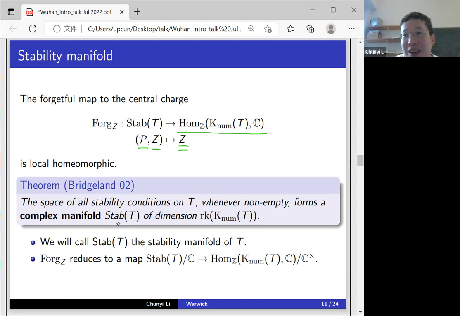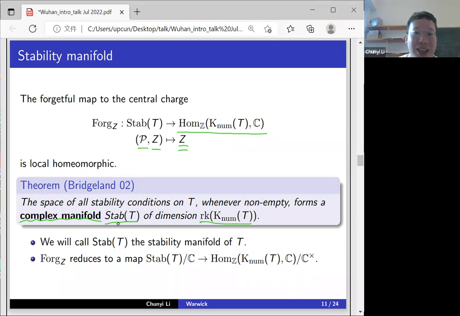So in other words, for any point in this space of stability conditions, you have a local chart of complex structures in its neighborhood, and that gives you a complex manifold structure on the whole space of stability conditions, which we will still denote by Stab T. And we also know that locally it's always isomorphic to some open subset of C to the power of the rank of the numerical Grothendieck group of the triangulated category.